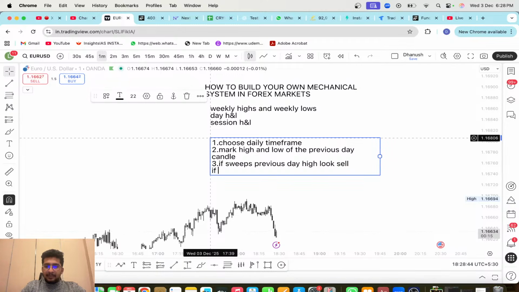If a sweep happens in the previous day low, look for buy. Whenever liquidity sweeps in the lower side, we look for buy.